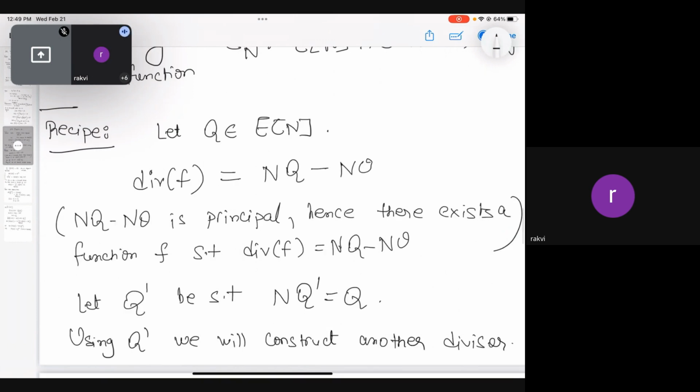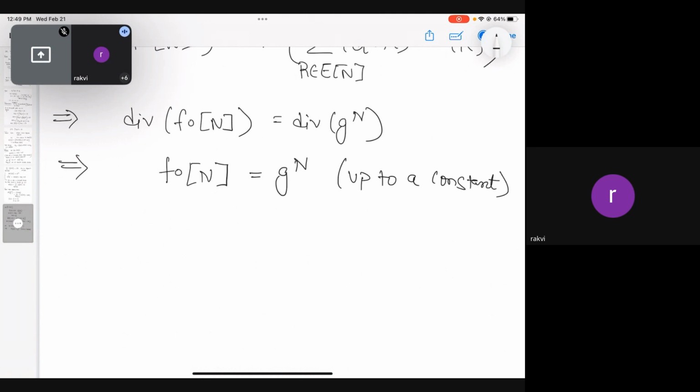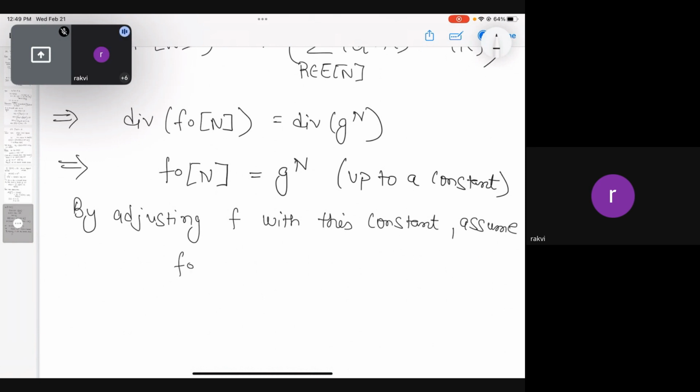And yes, I can always adjust my function by a constant. So assume that I have done that. And now, by adjusting f with this constant, assume that these things are actually equal. So f of n is actually equal to g to the power n.